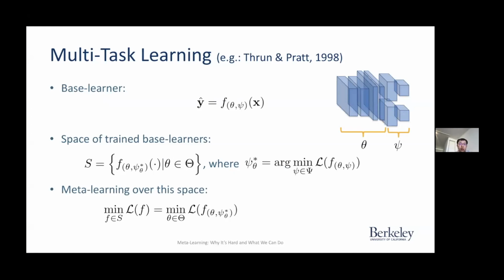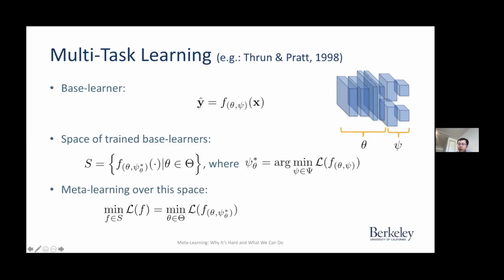Here you can imagine a model with a decomposition of the parameter space: the parameters of the model are divided into two parts. One is theta, the parameters that are shared across all the different tasks that we'd like to learn.